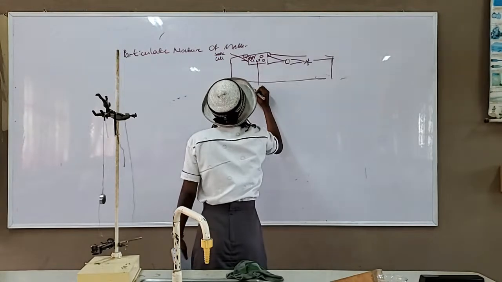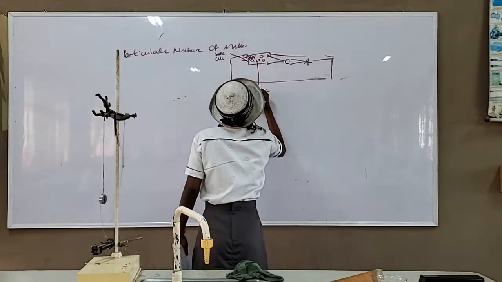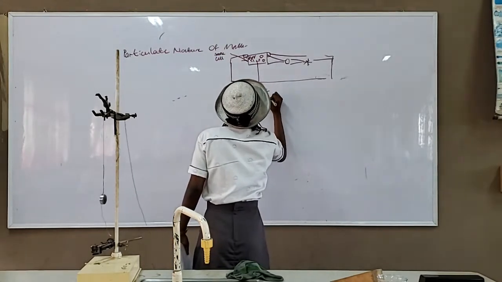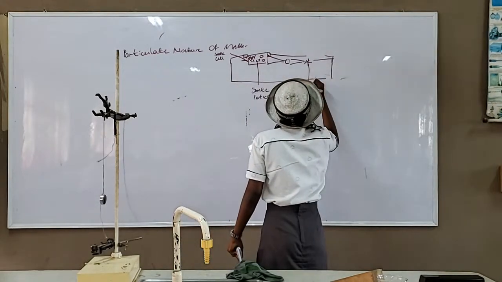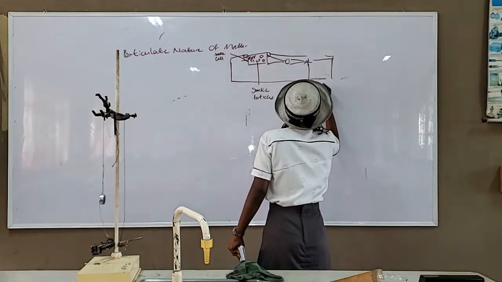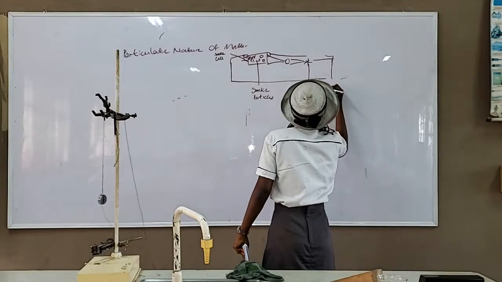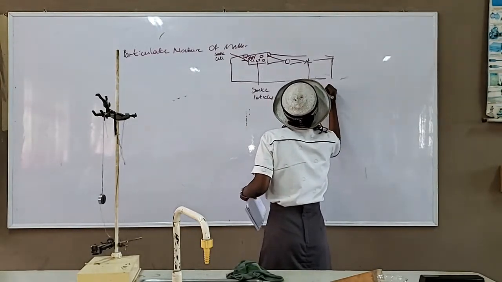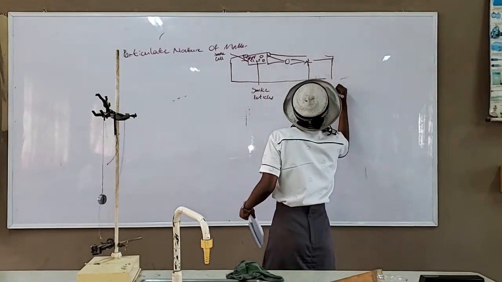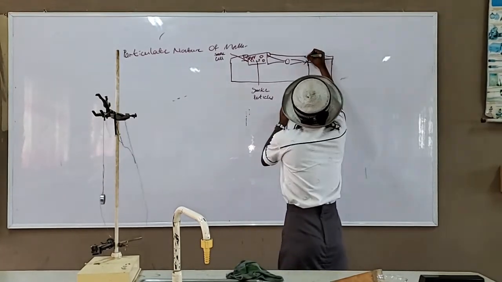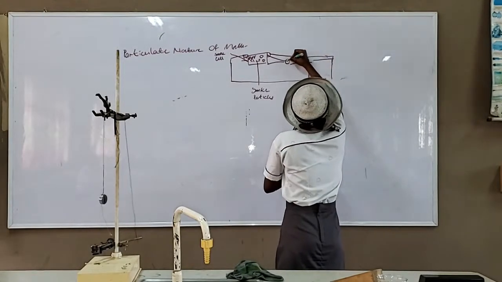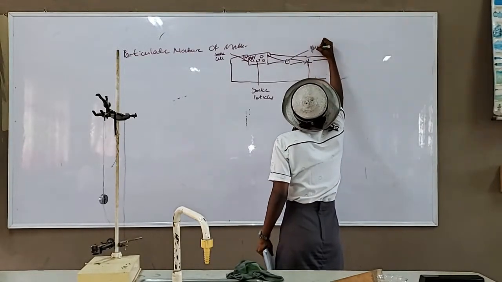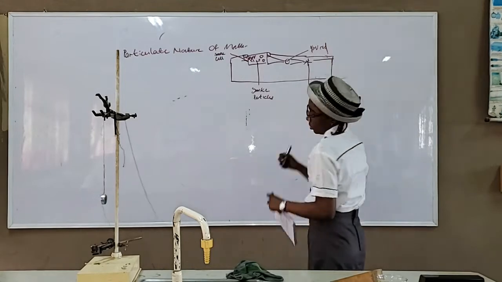These are the small particles. This is the filament. And this is the glass rod.